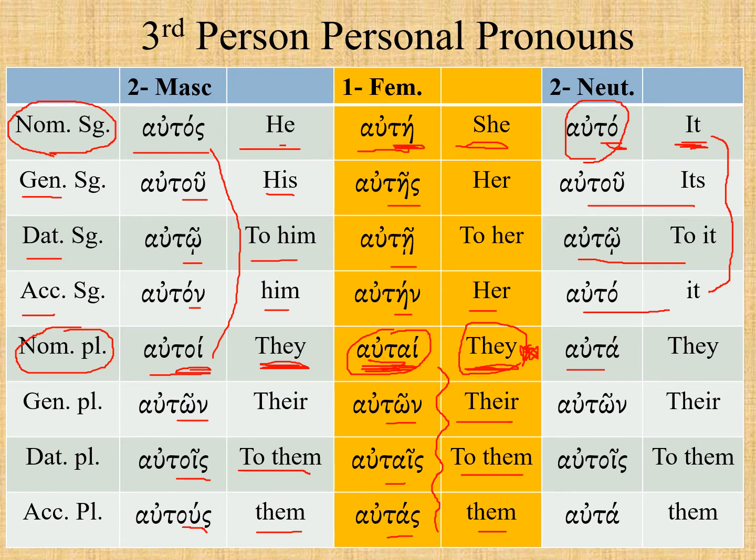Now looking at the plural forms, auta is they, auton their, autois to, for, or in them, and auta is them. And again, keeping in mind that nominative plural and accusative plural are identical. All of these plural forms would indicate that the antecedent is in neuter form.